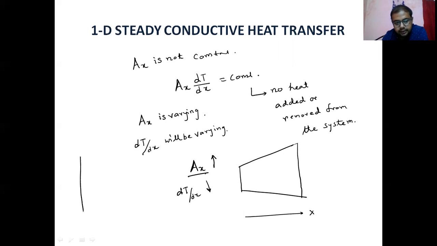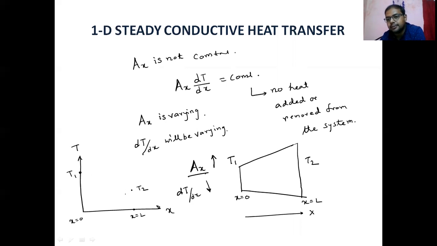If you draw T versus x, x equal to 0 and x equal to L, at x equal to 0 the temperature is T1, the higher temperature, and here the temperature is T2, the lower temperature. How will the graph be?